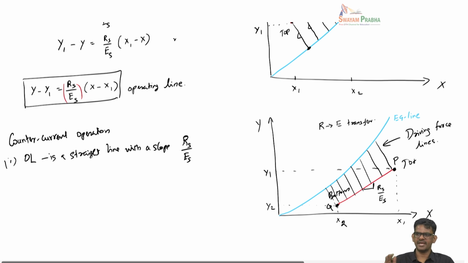Magnitude is the same, but the sign is changed from countercurrent to co-current. Second, the driving force is almost constant throughout the equipment.